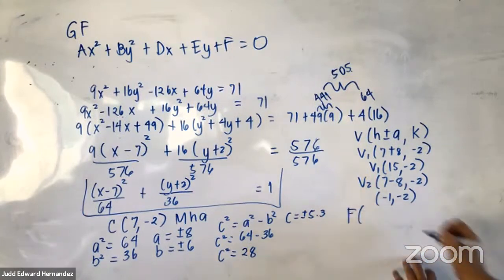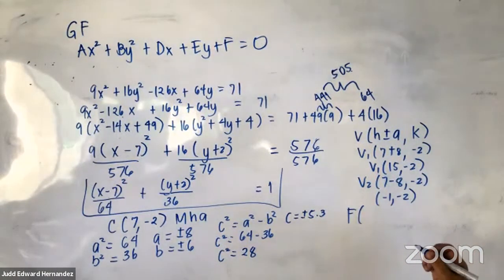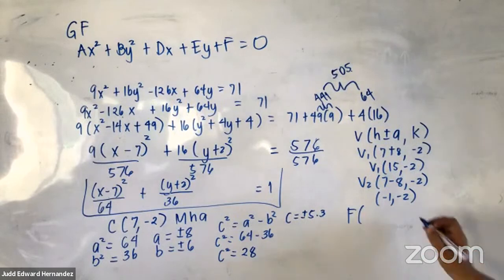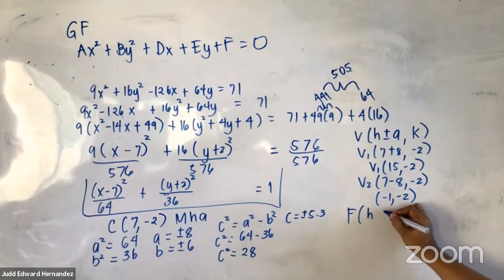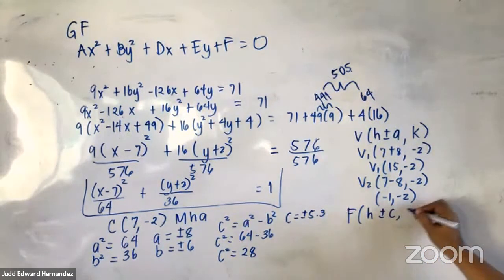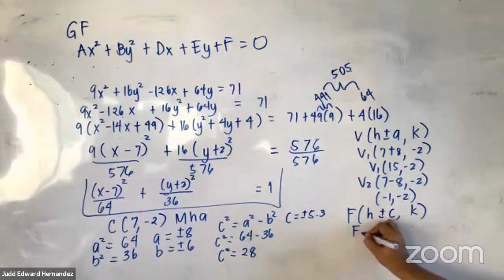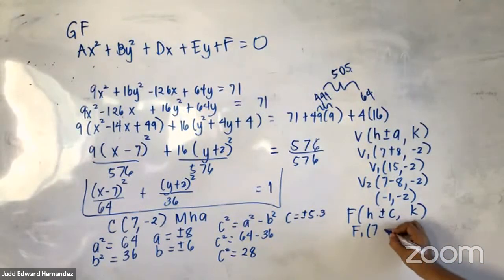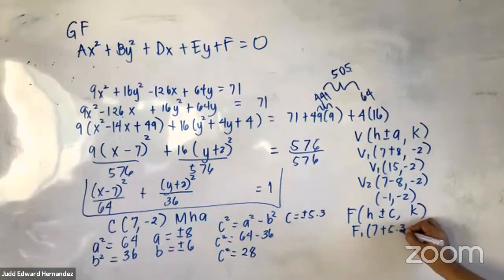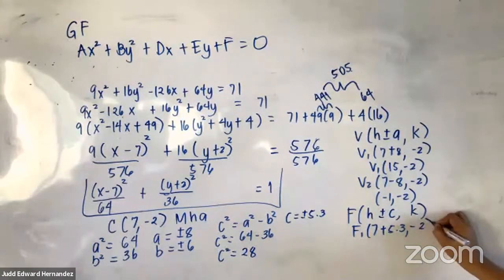What is the formula for the foci? The formula for the foci should be H plus minus C, K. Therefore, F1 is 7 plus 5.3, our K is negative 2.